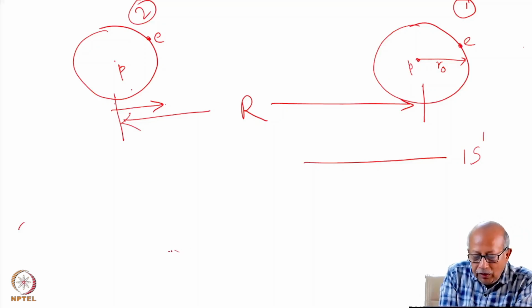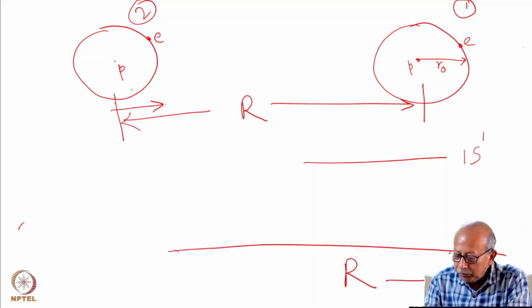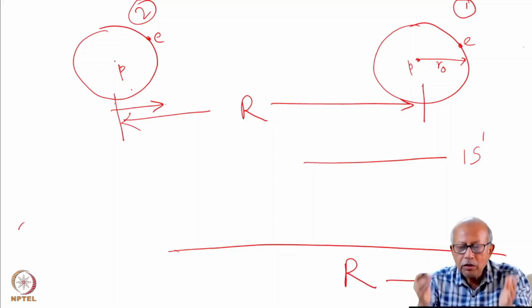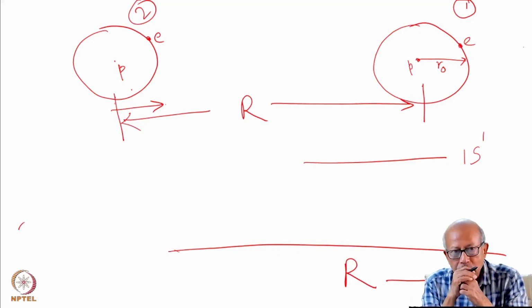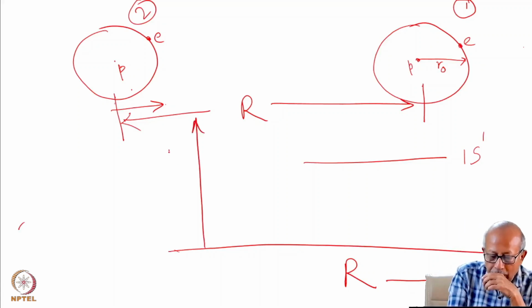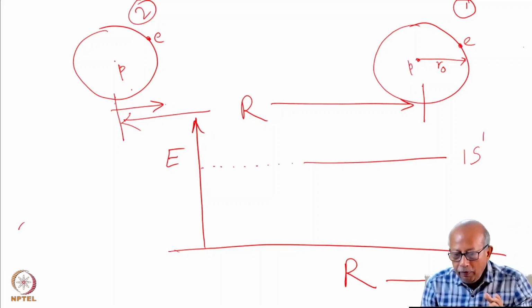So we basically plot, this is my R, the separation between the two atoms, and this is the energy. So the isolated atom has this much energy.